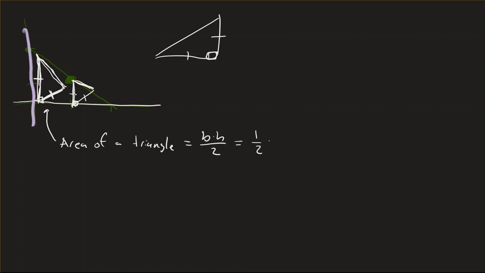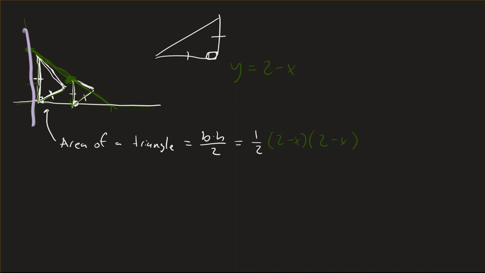It varies based on x, but it's always this value. So that y value that was 2 minus x is this length, so it's also this length. And it's this length, so it's also this length. So the base is 2 minus x, the height is 2 minus x, and that's the area of one of these.